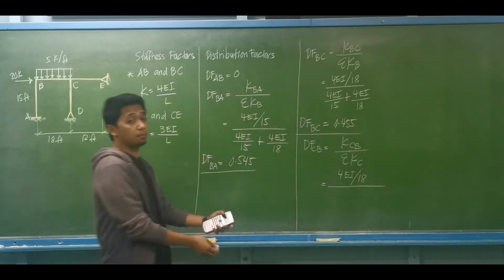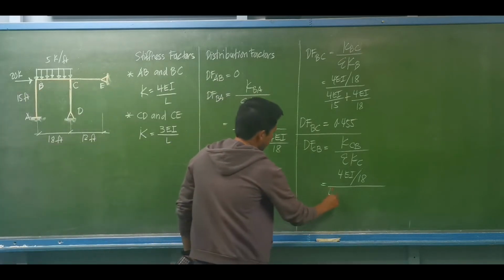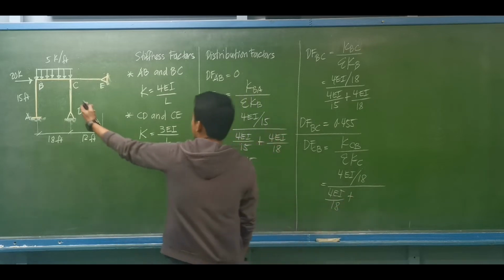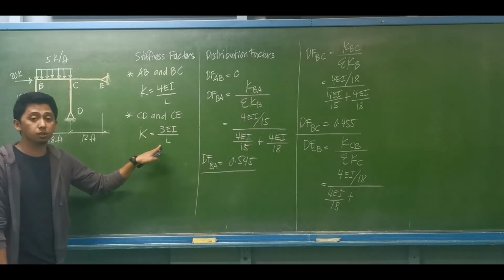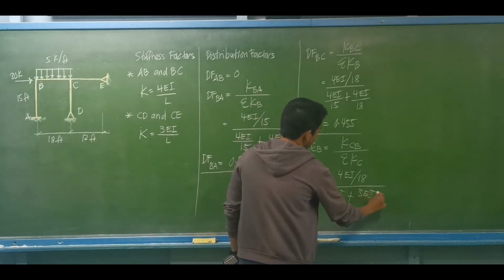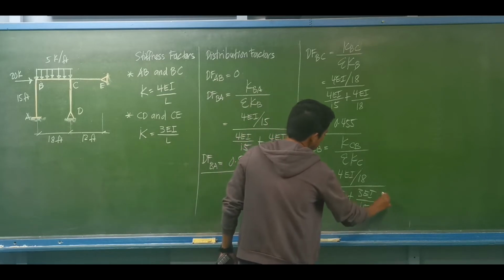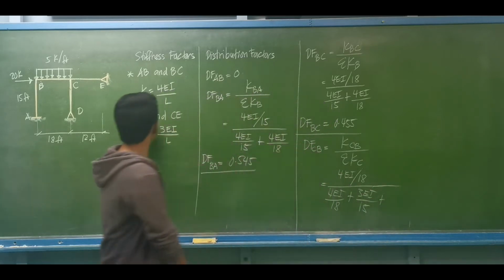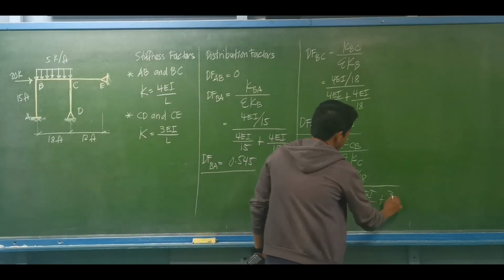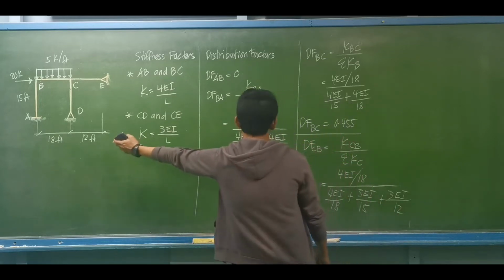Divided by the members connected to joint C: CB, which is 4EI over 18, plus CD, with stiffness factor 3EI over 15 feet, plus CE, with stiffness factor 3EI over 12 feet.